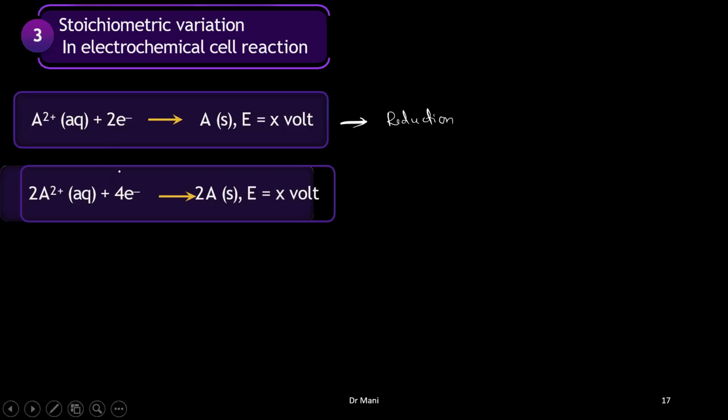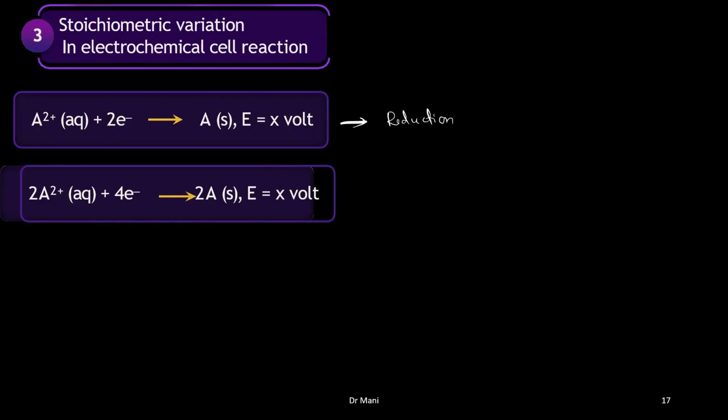But does the potential change between the two? Come on guys, tell me. Still it remained X volt and X volt. That means it was not changed. So the E value remains unchanged despite doubling the stoichiometric coefficients. Even if you increase A to 2A, 2 electrons to 4 electrons, the potential E remains constant.